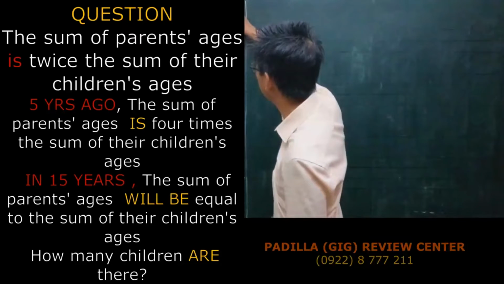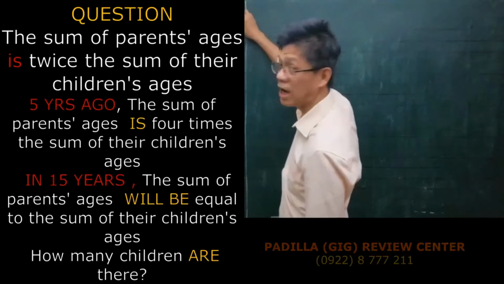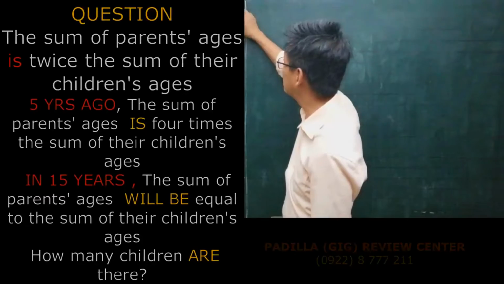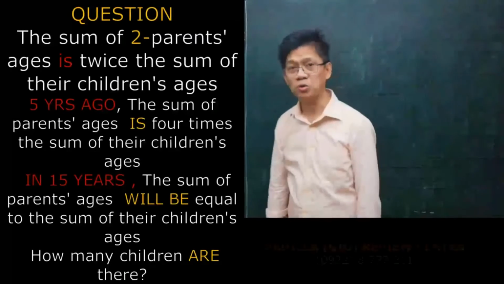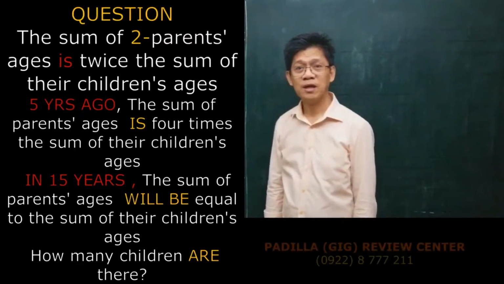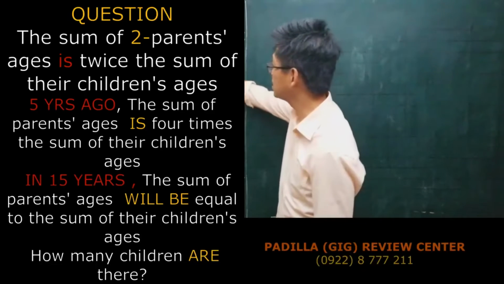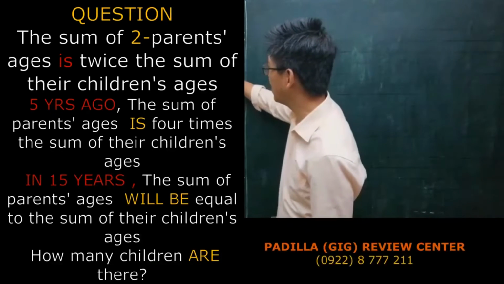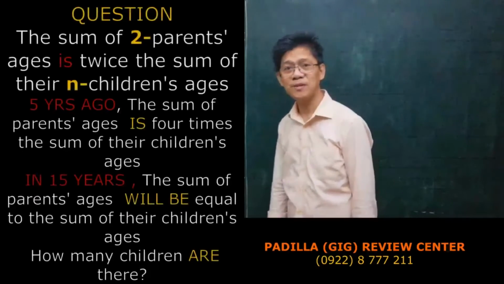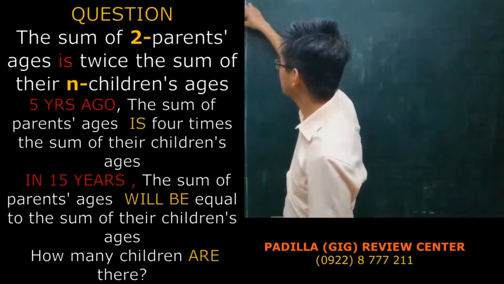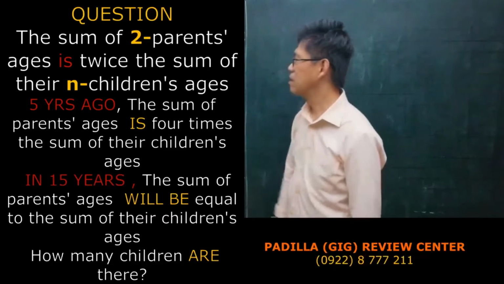Meaning, the parents are mother and father, only two persons. Now, we do not know the number of children. Let us say that there are n children. So, 2 parents, n children.